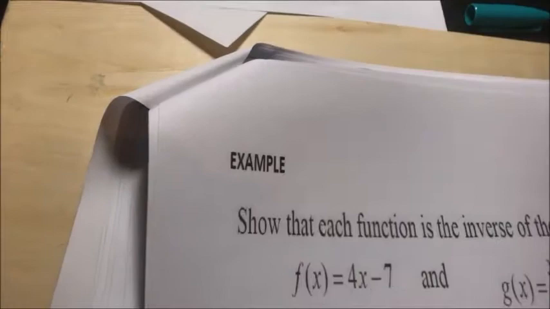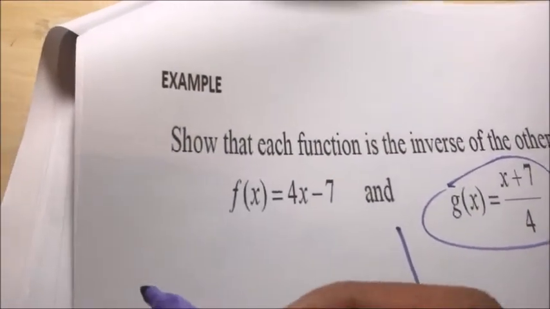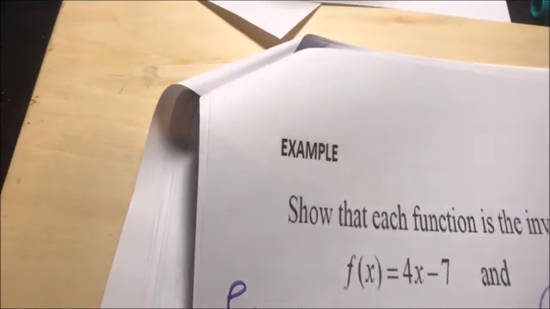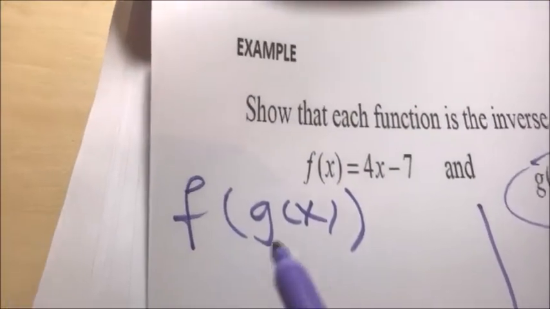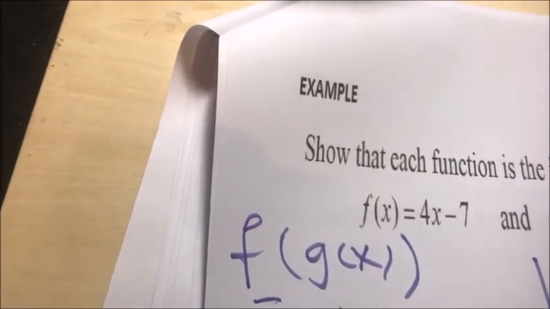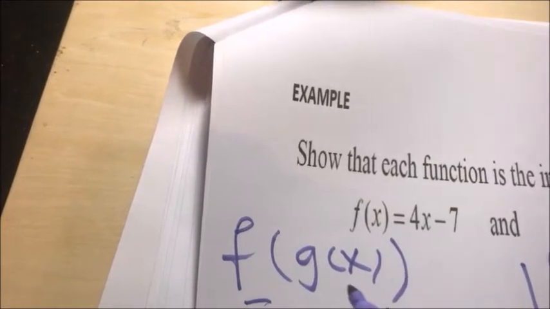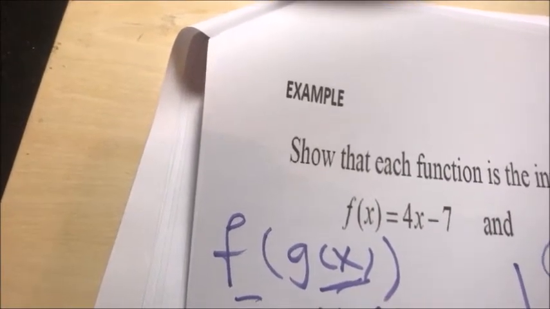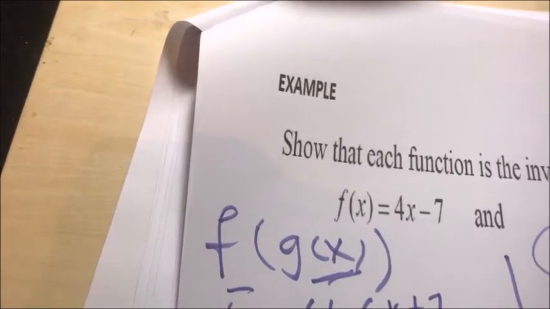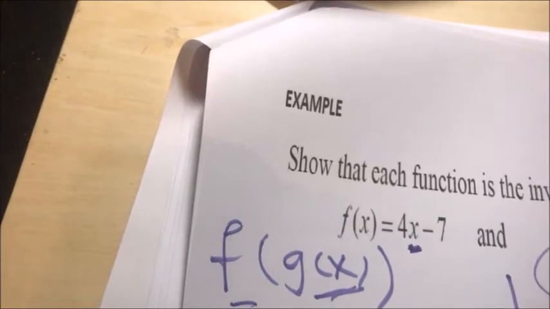So if I take the g of x here and I put it into f of x, in other words, f of g of x, anywhere I see an x, I'm going to put a g of x. So I'm going to put x plus 7 over 4 wherever x used to be. And I'm keeping my minus 7.